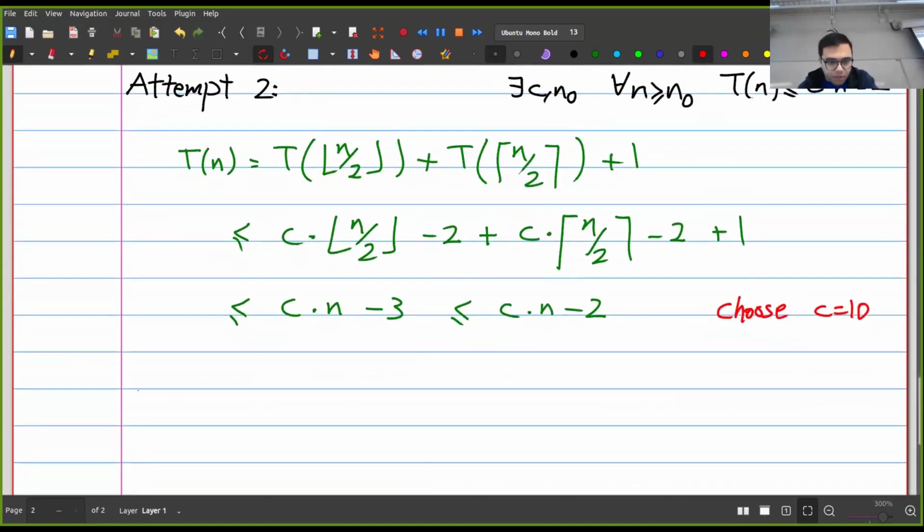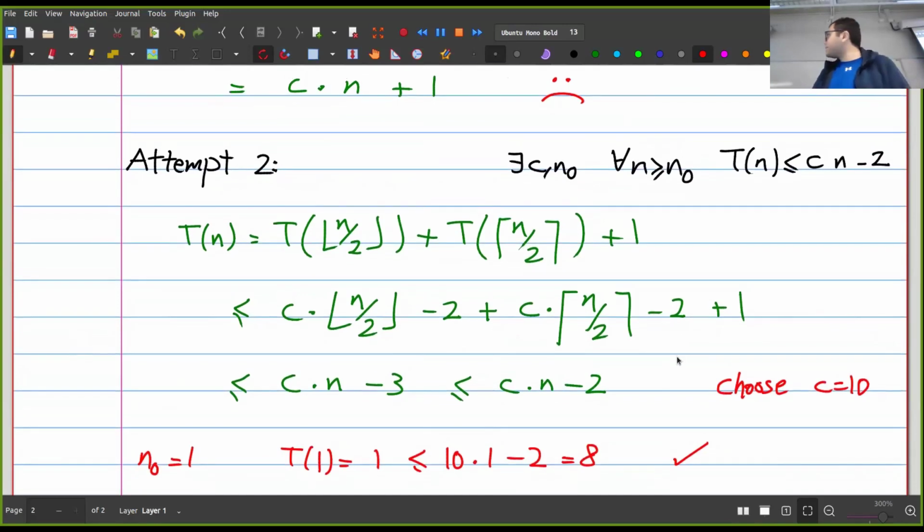I can just say that my N0 is 1 because T of 1 is 1 and it's less than or equal to 10 times 1 minus 2, which is 8, right? So in this case, by choosing a large C, I made it so that I could just choose my N0 to be 1. Of course, you can find many different combinations of C and N0. It's your choice. As long as you find one, it's fine.